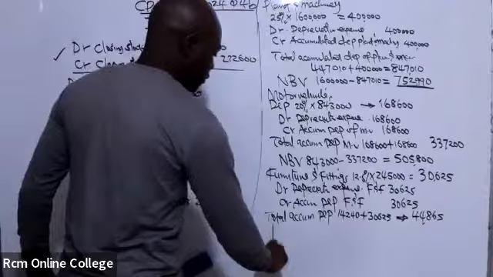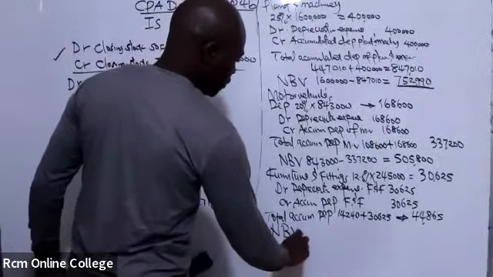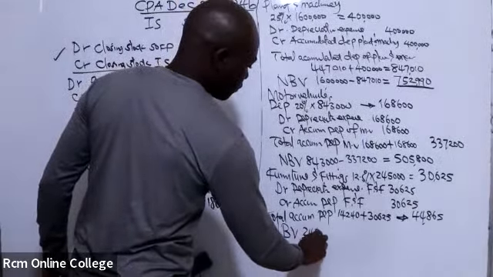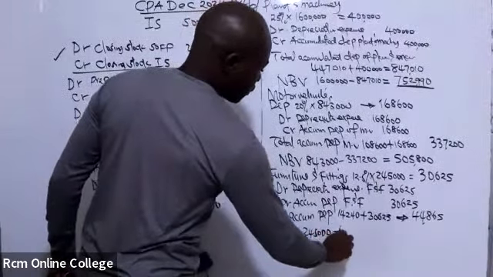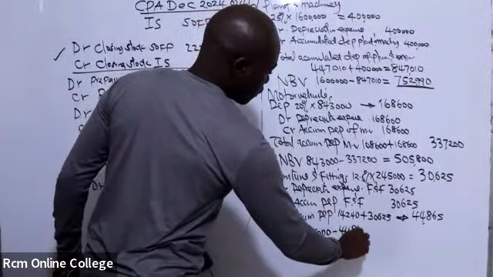With the total accumulated depreciation and the cost of our furniture, which is 245,000, are we able to get the net book value? Net book value is equal to 245,000 minus 44,865.